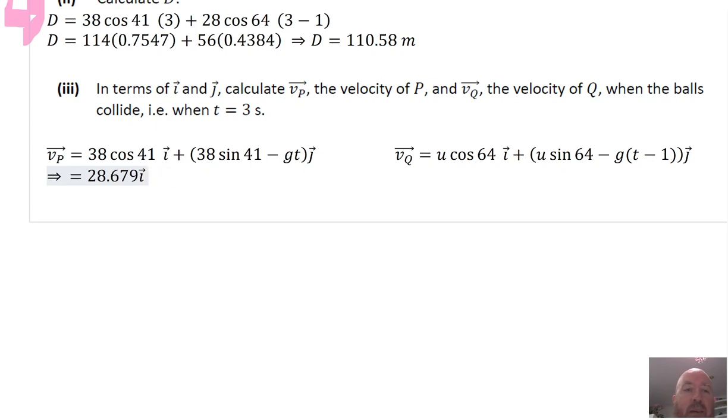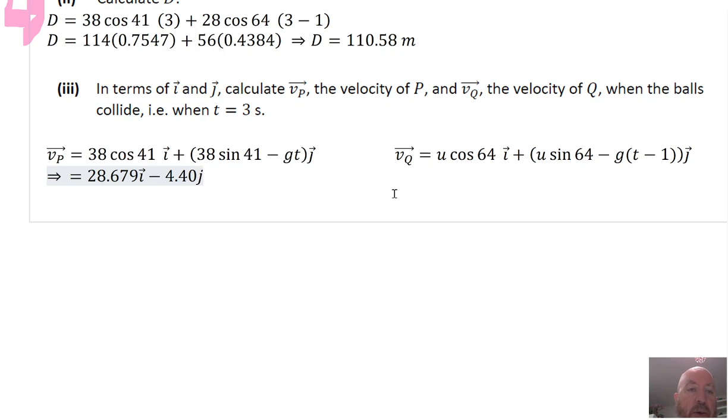Now I don't see any sensible nicer way of writing this down. And then that's 38 by sine 41 minus 9.8 by 3. And that gives us minus 4.470 j.